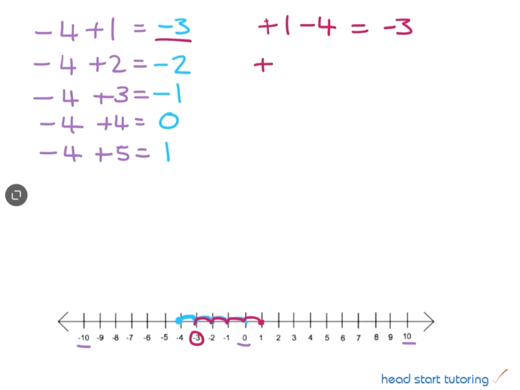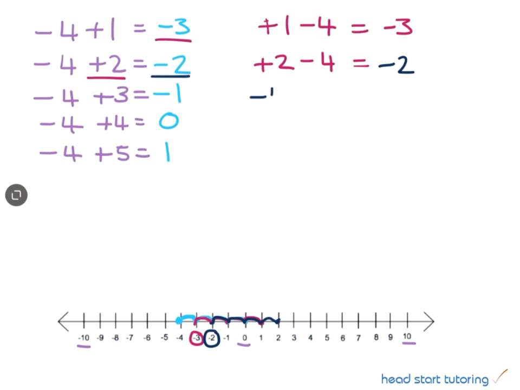So if we start with +2 and then we minus our 4, what will we end up with? We start with +2 over there, and we jump 1, 2, 3, 4 spaces back, and we again end up with -2.